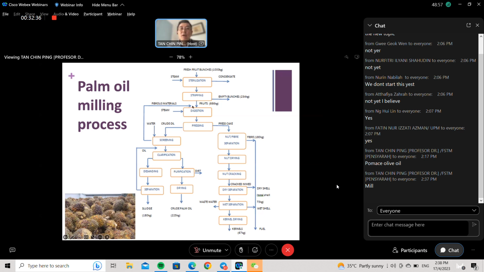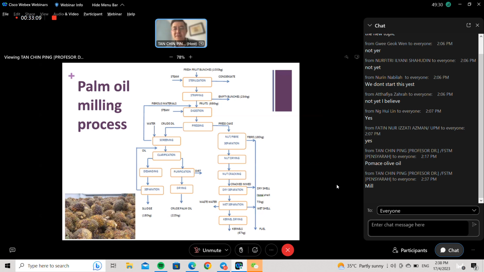If you begin your milling process with 1 ton of fresh fruit bunches, so when you go into industry, sometimes you hear people saying FFB, FFB. FFB stands for fresh fruit bunches.